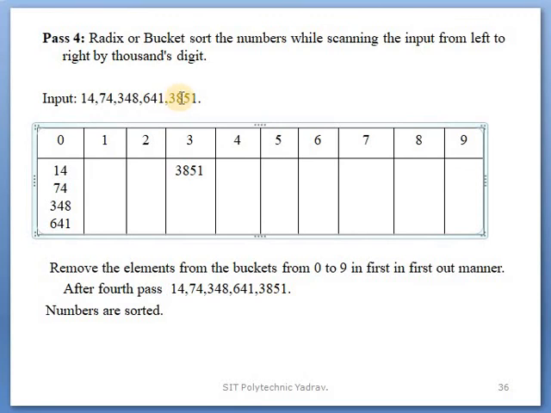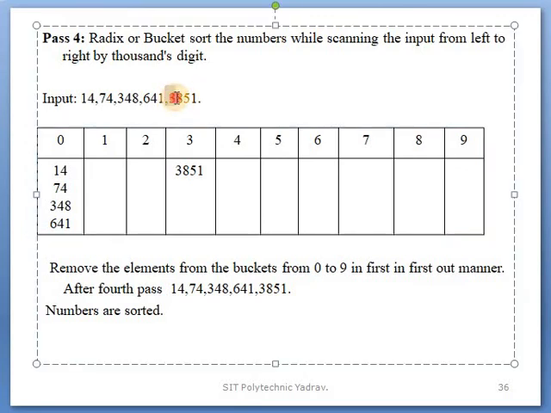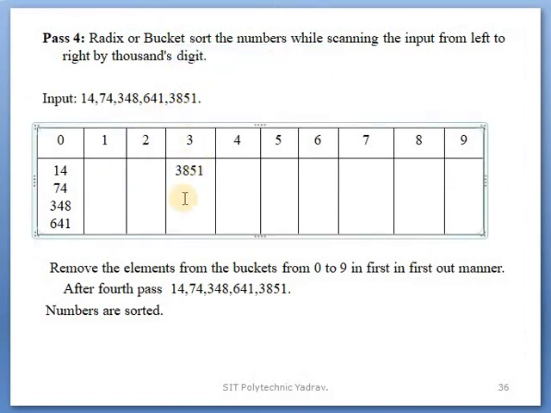In 3851, 3 is the thousands position digit, so write in pocket 3. Remove the elements from the buckets from 0 to 9 in first in first out manner after the 4th pass. 14, 74, 348, 641, 3851: the numbers are sorted.